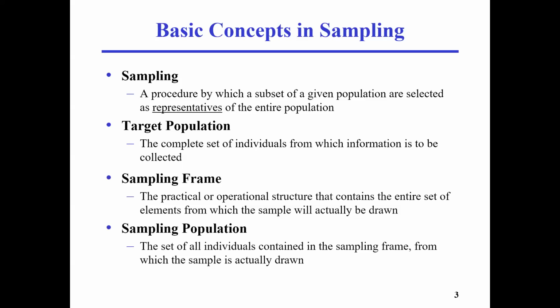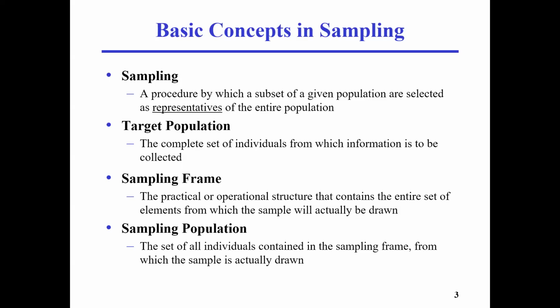Sampling frame: the practical or operational structure that contains the entire set of elements from which the sample will actually be drawn. Okay, we have target population, and sampling frame is included in the target population.